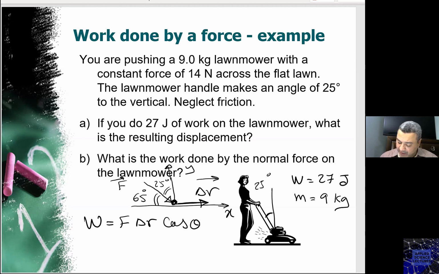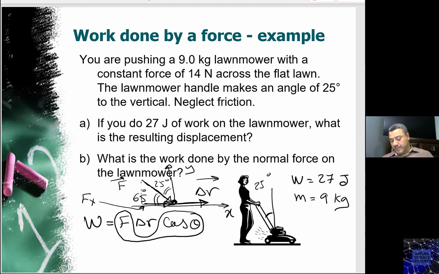Now, if you think about it, this F with the cosine theta is indeed the Fx, right? When I project this F right on here, this will be F cosine 65. This one is Fx.